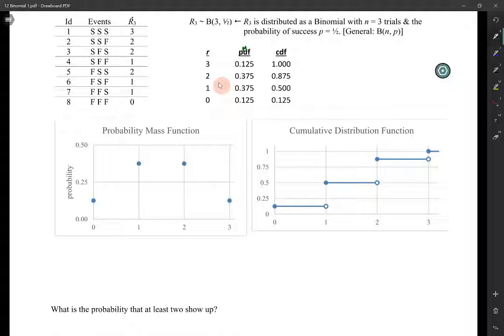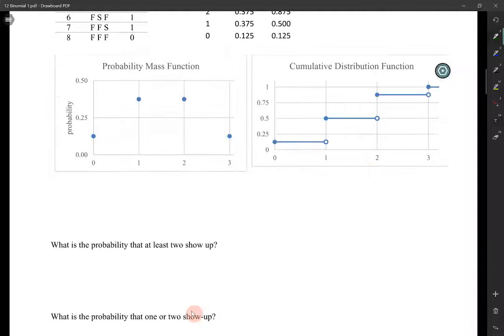So what's the probability that at least 2 show up? Is there a way that we can count the number that show up? Find the probability that 1 shows up? Okay, so you know what?